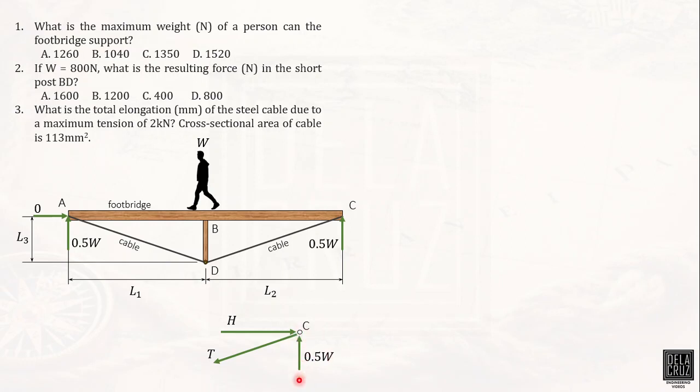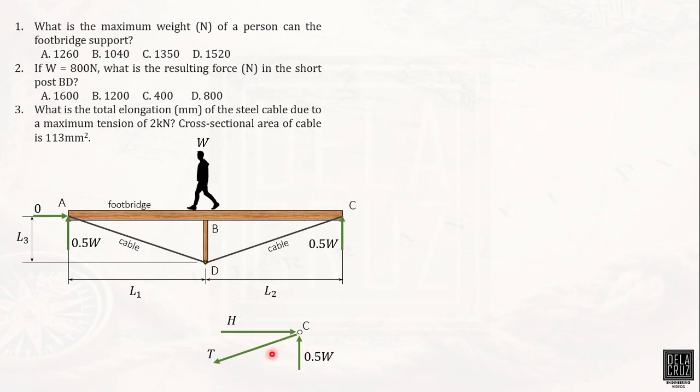We have the reaction, 0.5 of W, and let's call the force on member BC as H. H should be going to the right because the horizontal component of the tension is going to the left, to counter it. Anyway, it is not required in the problem to calculate the force on member H.